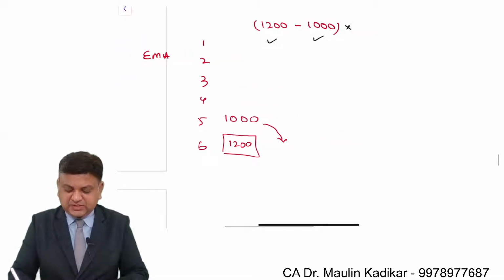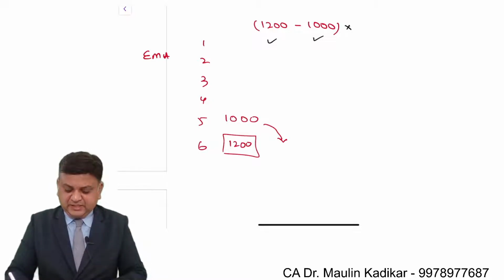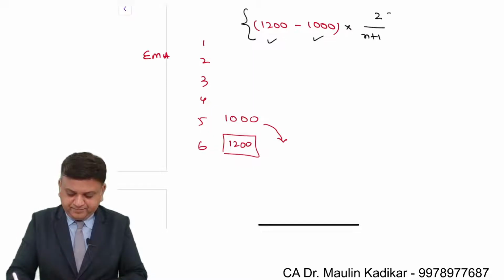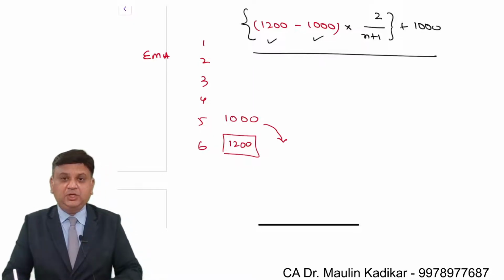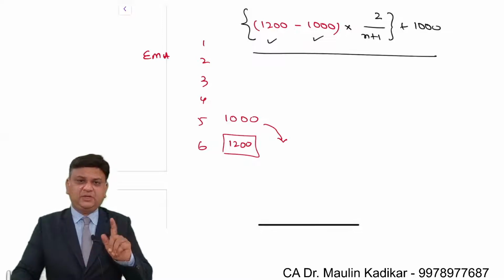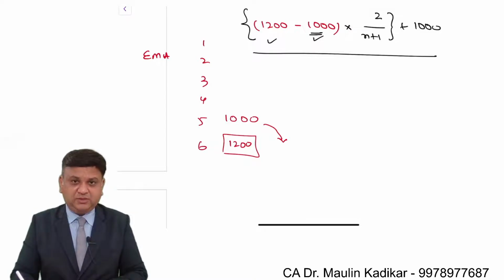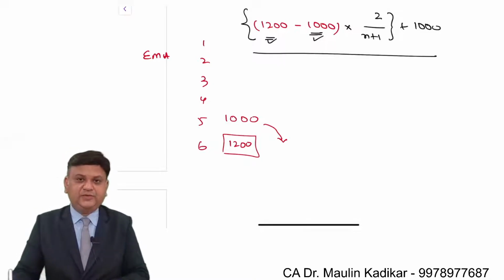This difference is required to be multiplied with a multiplier. That multiplier is calculated as 2 divided by n plus 1, and this is added to 1000 in order to calculate the new exponential moving average. The logic of the formula is this: we were expecting it to be 1000 but actually it is different.